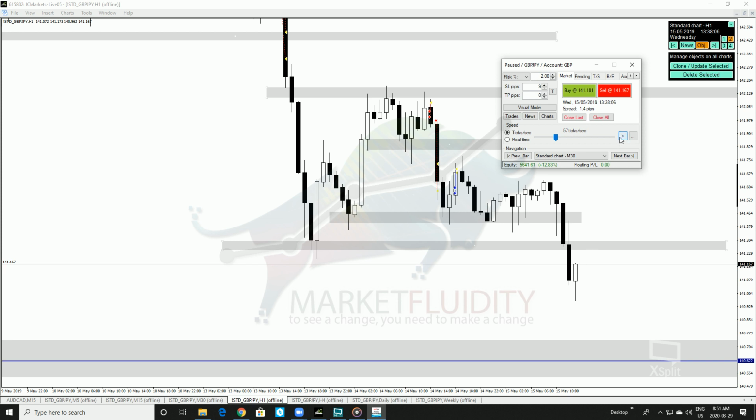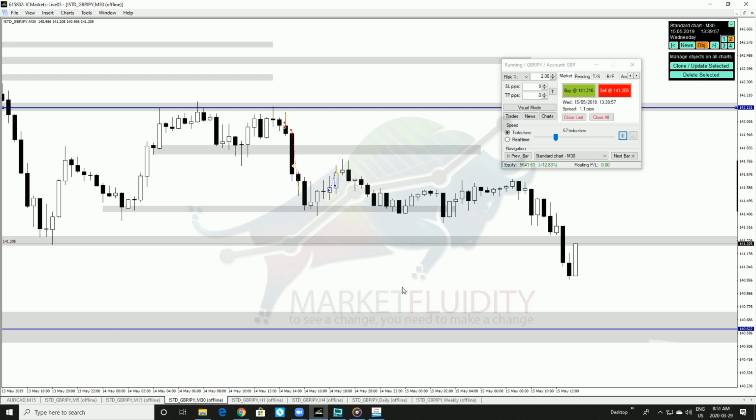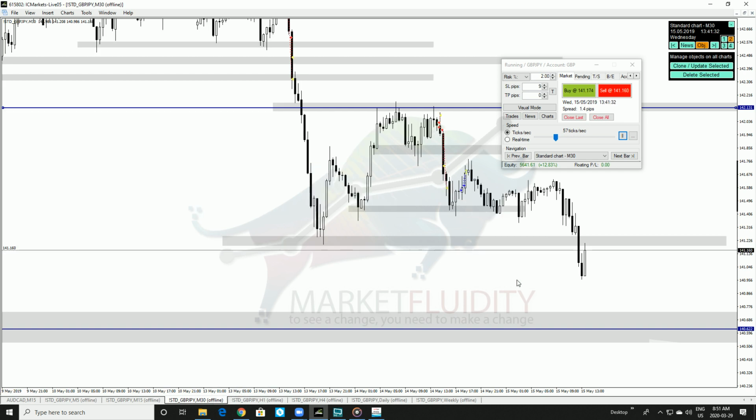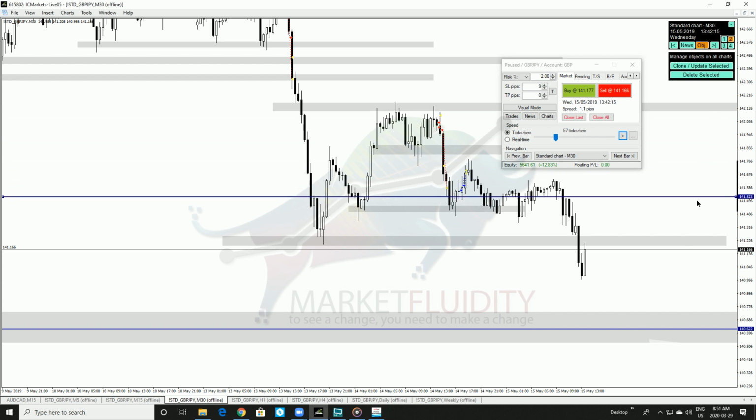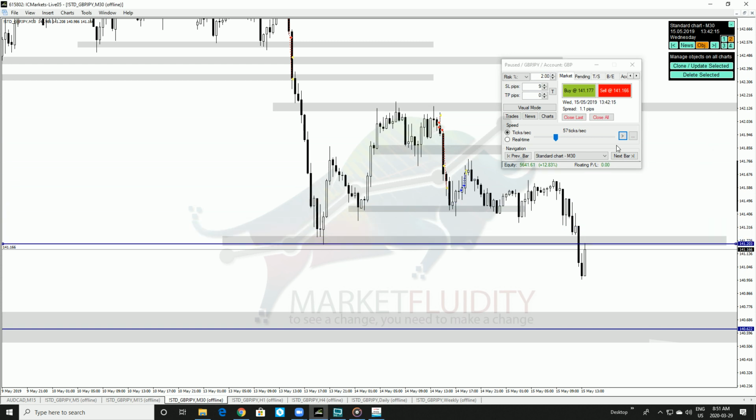We shall wait and see how we can enter a sell here. See, the 30-minute is coming back up, which is good. So we want a resistance formed at this level so that we know where our stop loss is going to be, right? Makes sense.